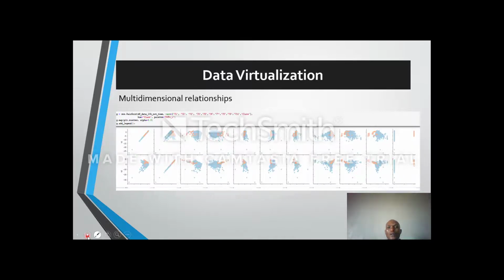This is another way of getting to know the imbalance between the target classes of fraud and non-fraud.